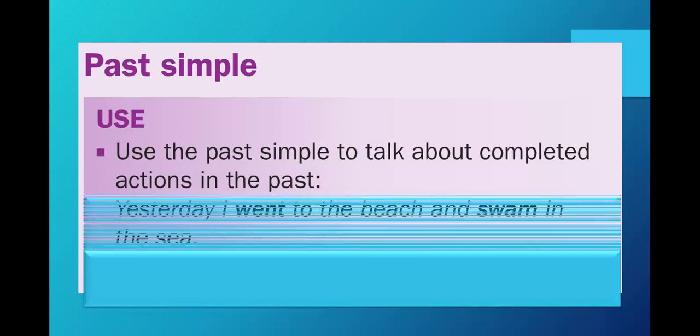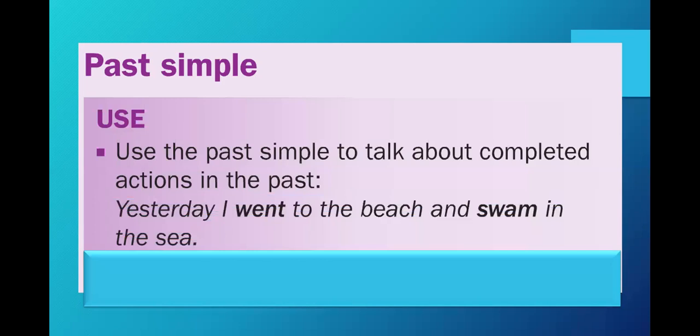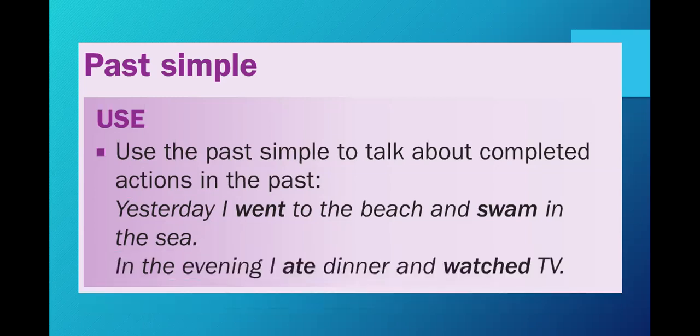With simple past, we can say things like, yesterday I went to the beach and swam in the sea. Went, swam, that's past tense, okay? In the evening, I ate dinner and watched TV. Ate, watched. Other examples of past tense, in this case, past simple.